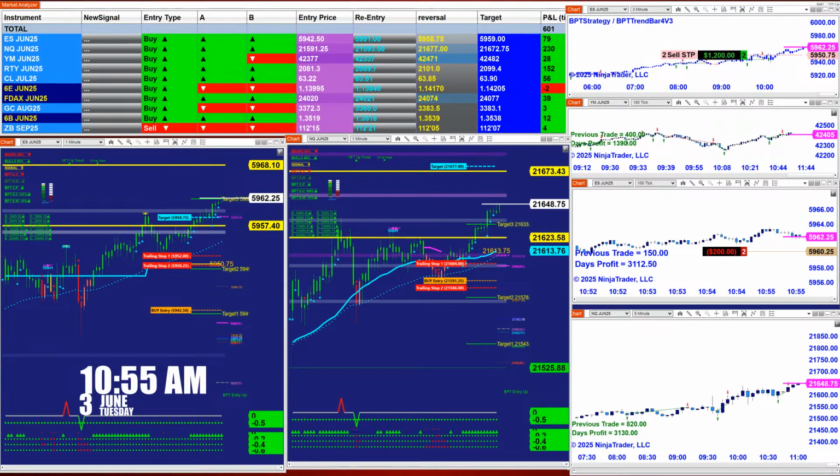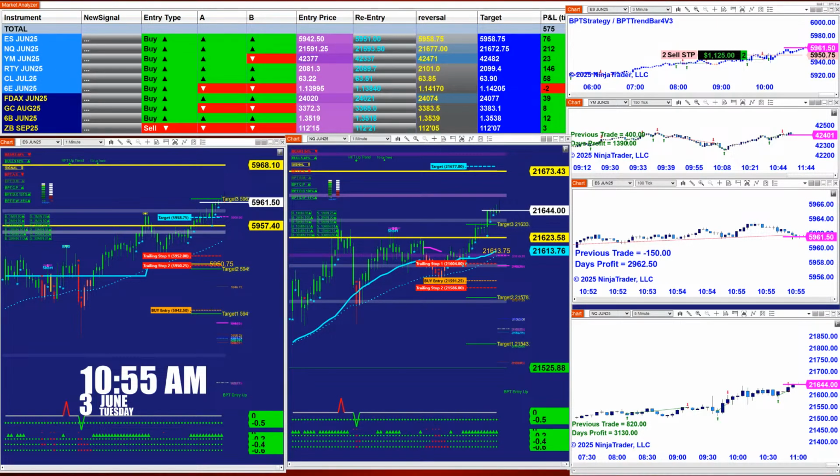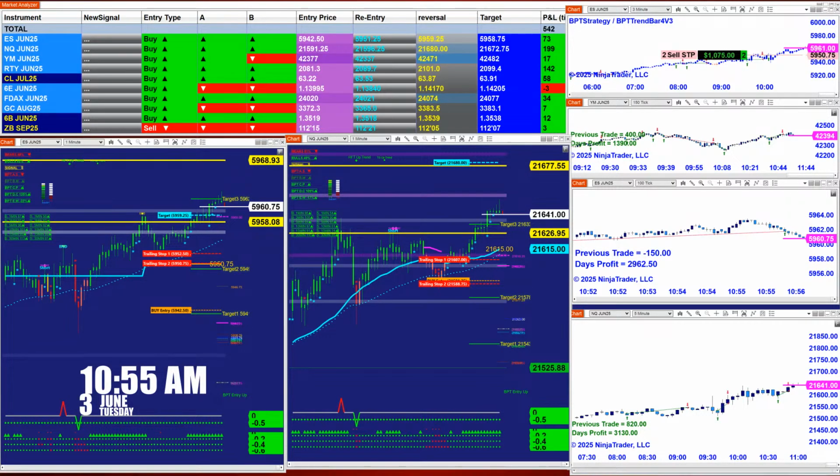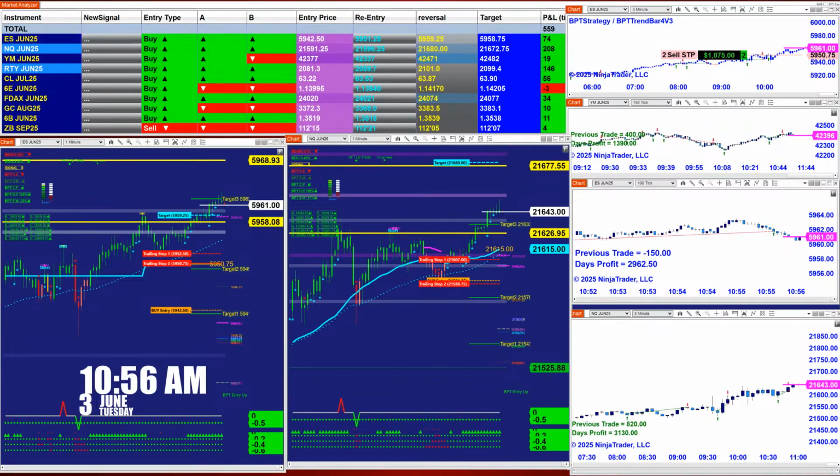Be careful, there is no long trade on the ES anymore. We're done, and now it's going to be sideways for another hour. There is not much left in the trade, so I think we did very well, and let's see if the Nasdaq will take one more trade.